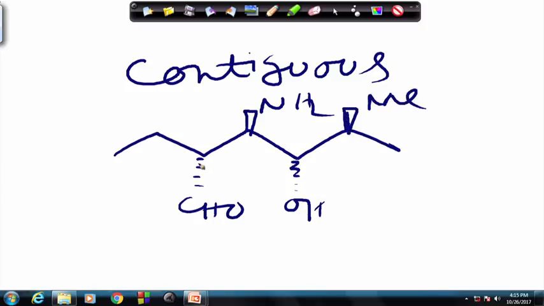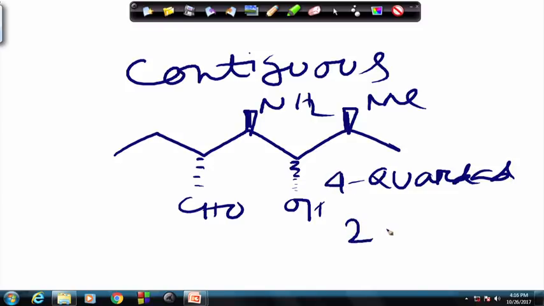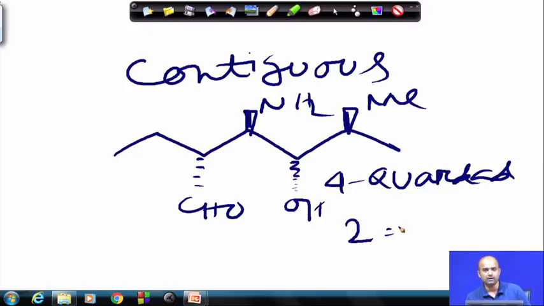Now, these are basically continuous stereocenters which are termed contiguous, and here how many stereocenters? 1, 2, 3, 4. So, you can call this a stereotetrad. So, 4 stereocenters are there. If it is 2, you can call it a dyad, 3 a triad, 4 a tetrad, 5 a pentad, 6 a hexad, 7 a heptad, 8 an octad.